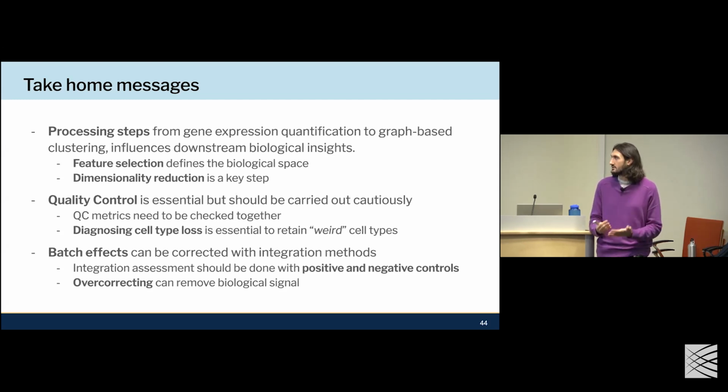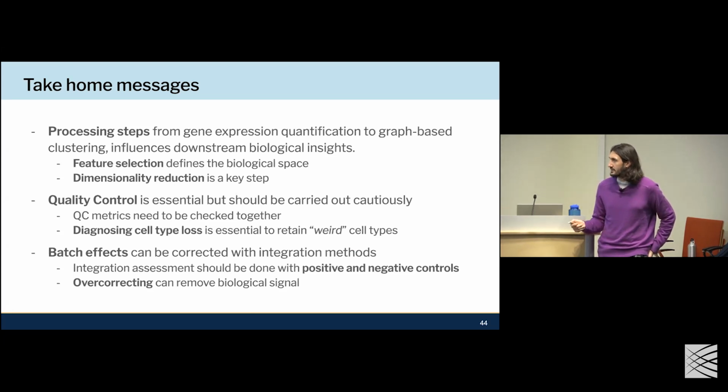The quality control should be carried out cautiously. We can't just remove cells out of a fixed threshold because you could have biology that you're missing out. So please do some diagnosing cell type loss analysis to retain, let's say, weirdly behaving cells that you might not expect.